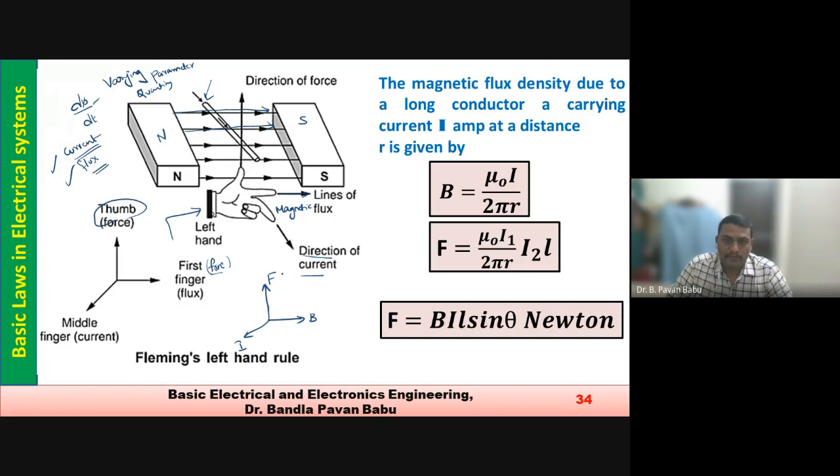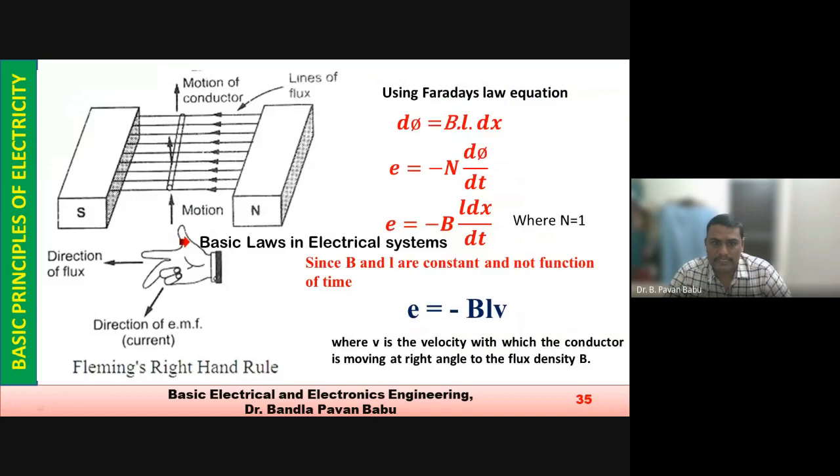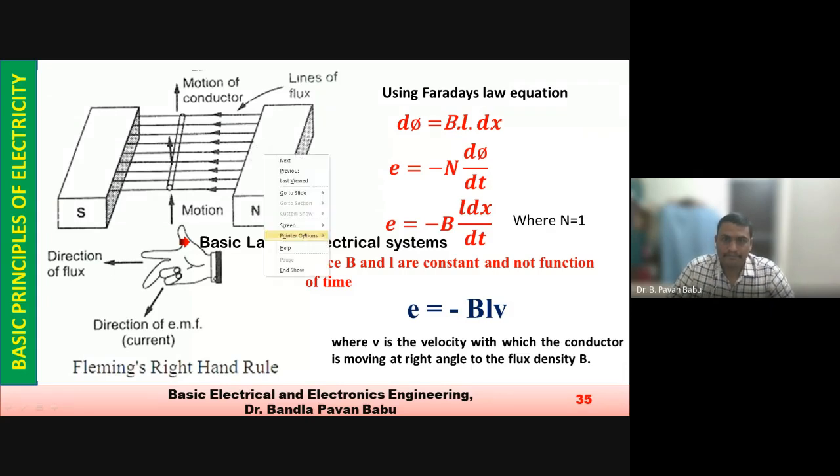Here F represents the force, B represents the magnetic flux, and I represents the current. This is the same for both the left hand and the right hand, and I am trying to cover both here itself. Again, just ignore this, something was misplaced.